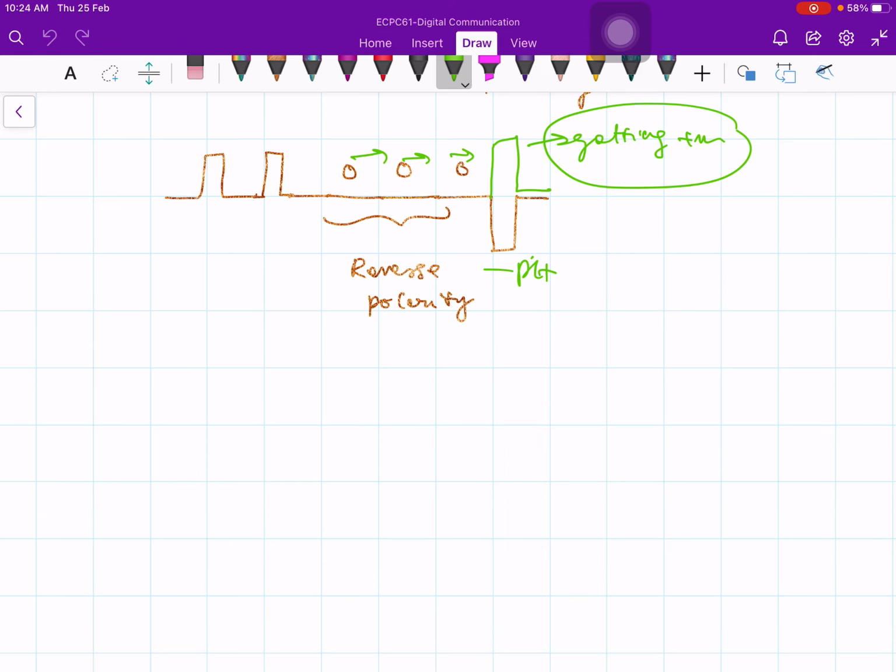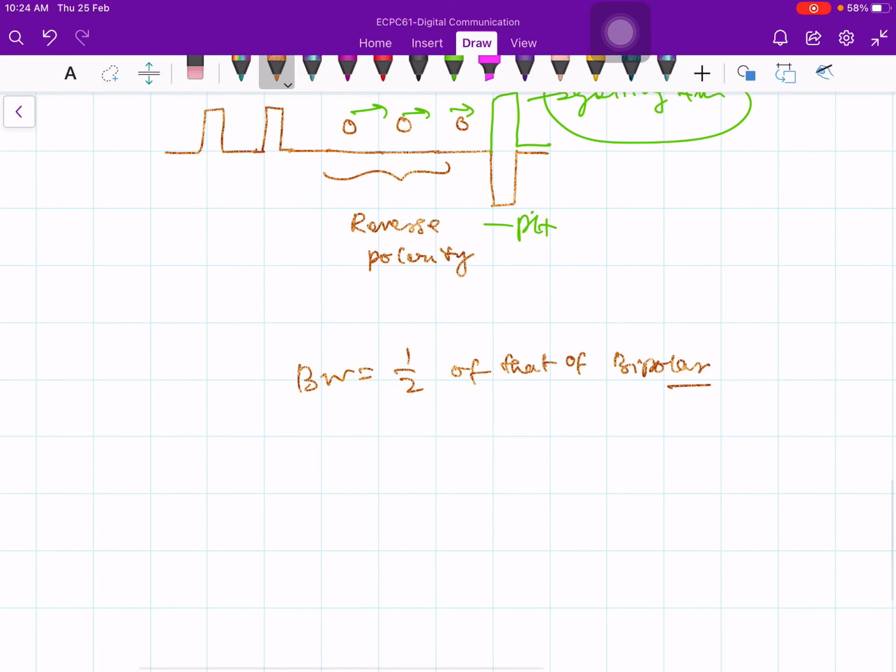The bandwidth is only half of that of bipolar, and the remaining properties are more or less the same. If you look at the disadvantage, bipolar has a spectral null at omega equal to 0, but that is missing in the duobinary code. So, these are the main features of the duobinary signaling scheme.